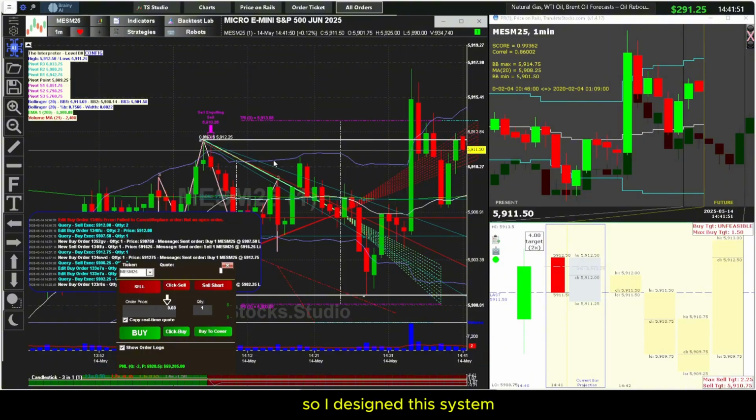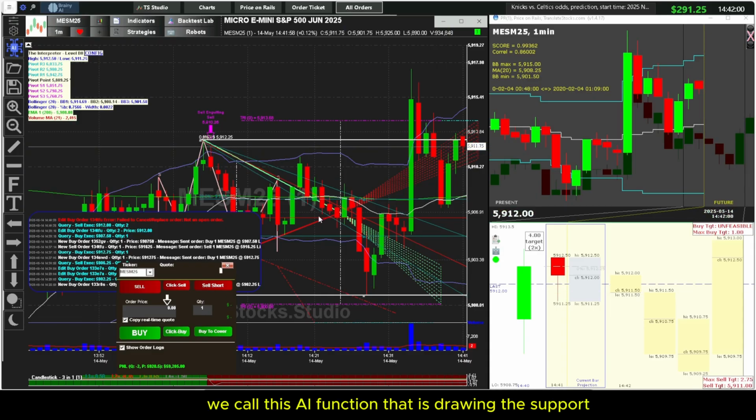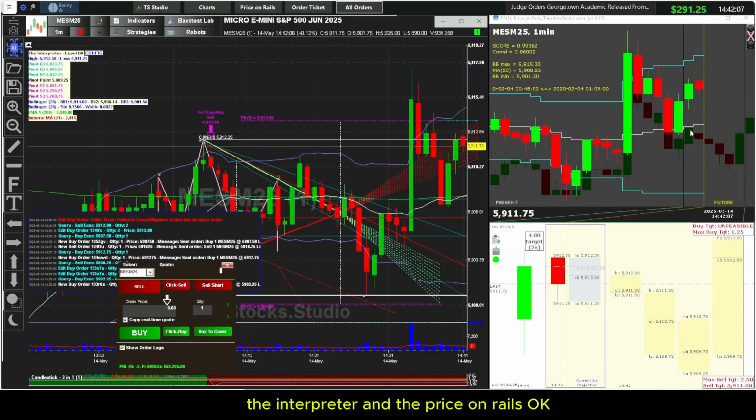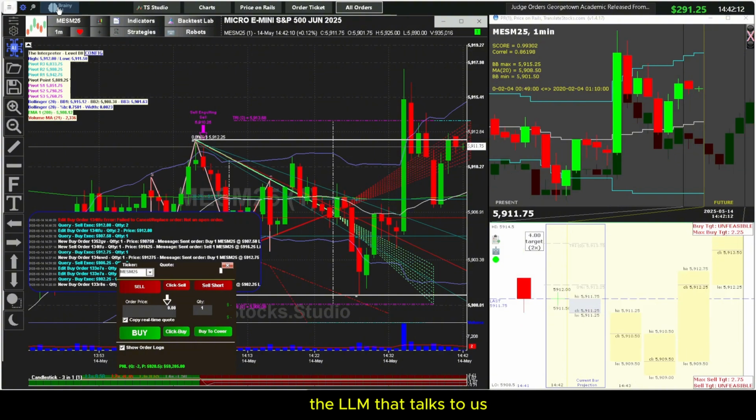So I designed the system so everything here has a name, okay? A proper name. We call this AI function that is drawing the supports and resistances for us the interpreter. And the price on rails, okay? The LLM that talks to us, it's brainy. Everything has a proper name.